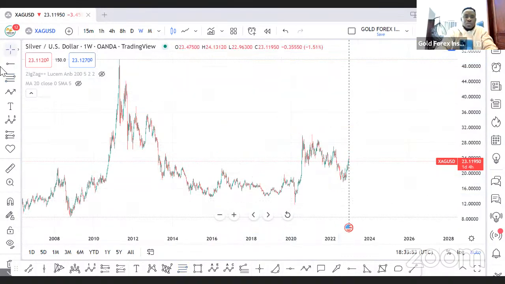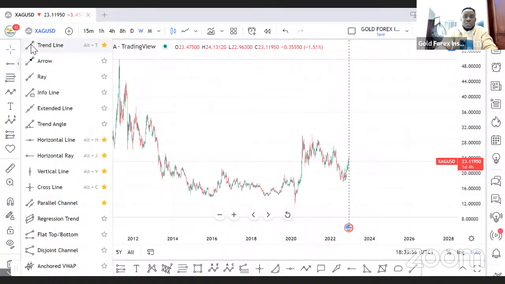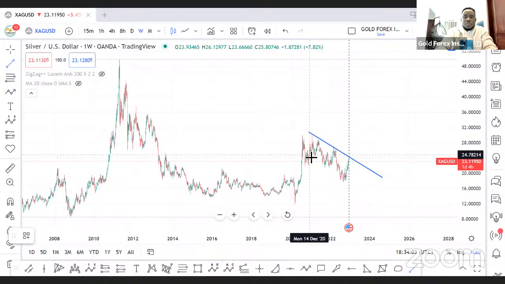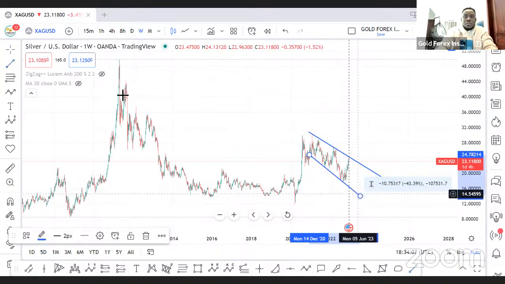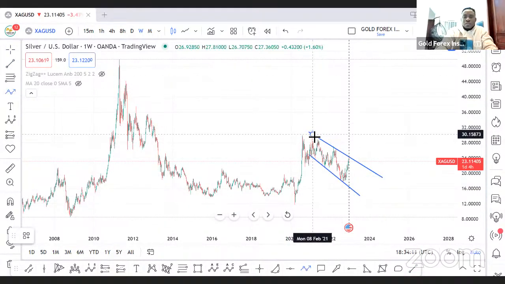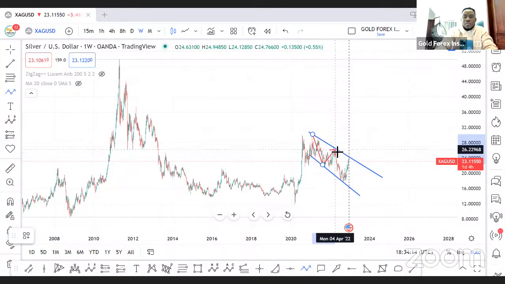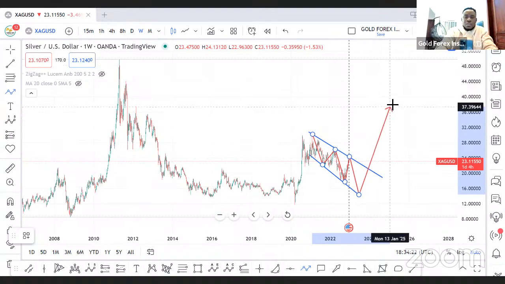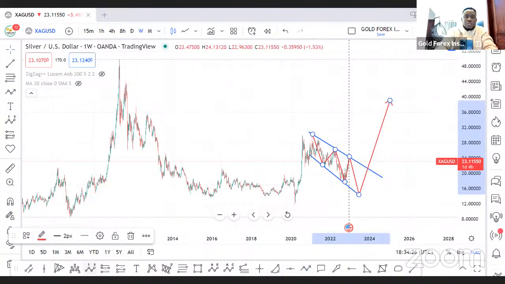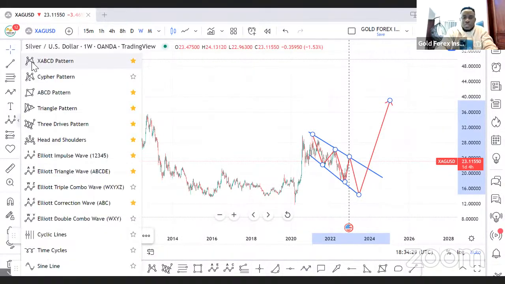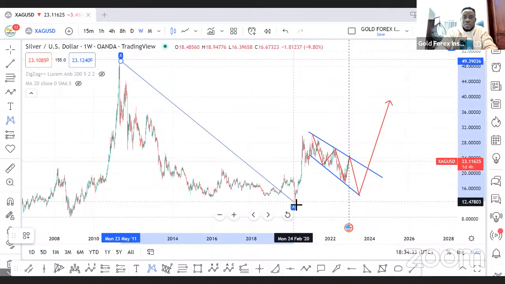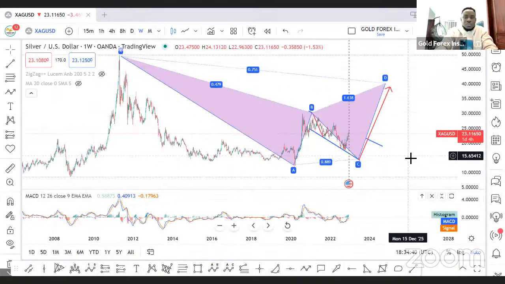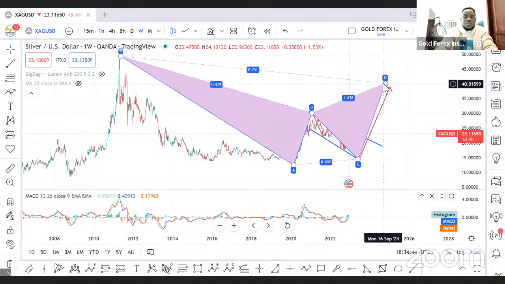Because dollar is going down at the moment, I can see this one to be like A, B, C, D, E, so that it forms something like a harmonic pattern, kind of break of market structure, retest, and buy. This is also possible.